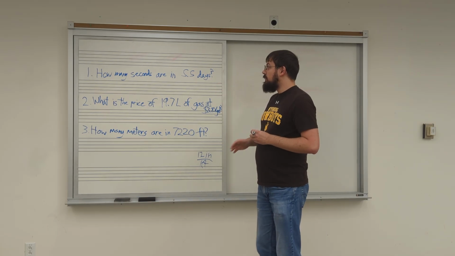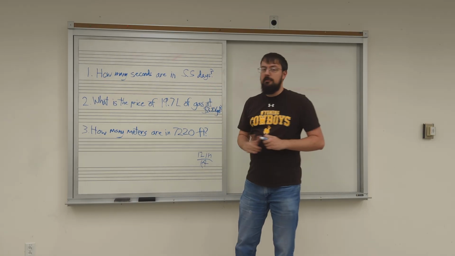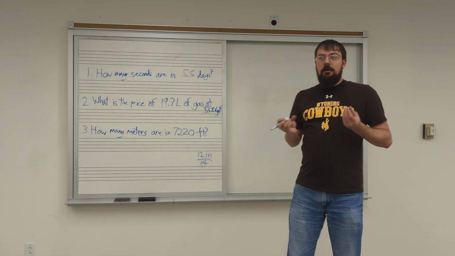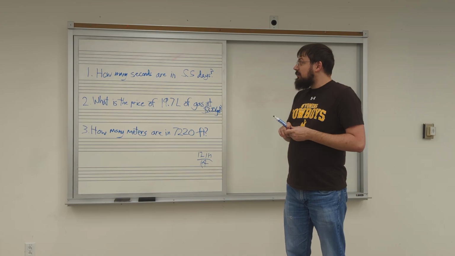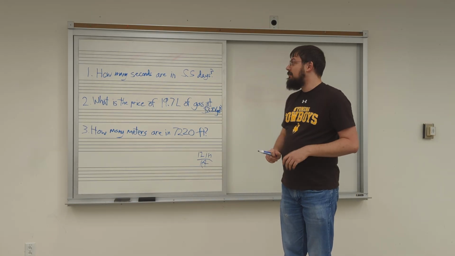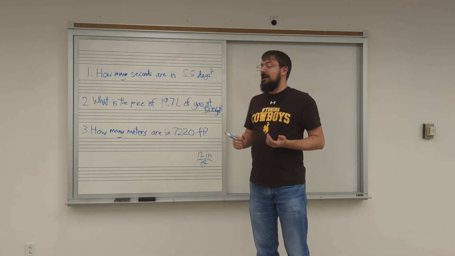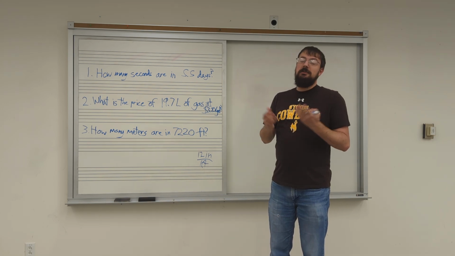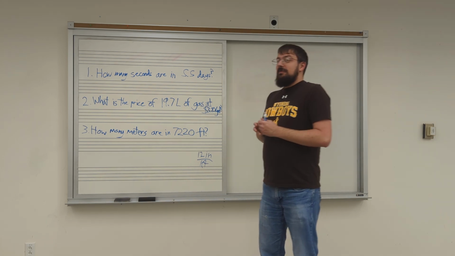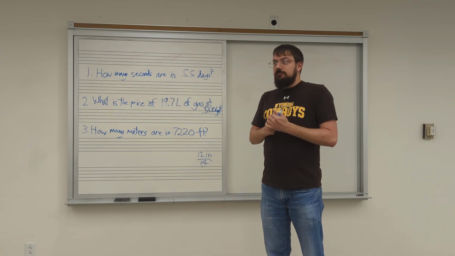The first one we have here is how many seconds are in 5.5 days. Now, I would venture to say that most people are not necessarily going to know off the top of their head how many seconds are in 5.5 days, or how many seconds are in 1 day even. Some of you might, I don't know. But let's say we don't know that.